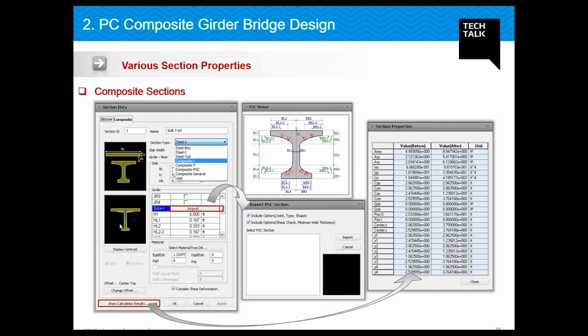So the 1D beam element has such a shape, like the composite of the main girder and the deck. And as you can see, for the section property, before composite action and after composite action can be viewed in separate columns.